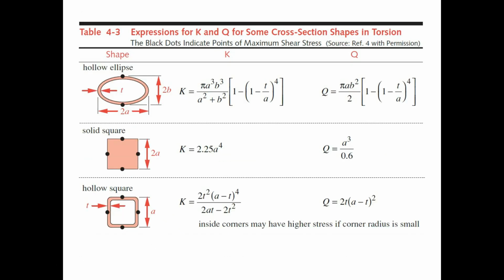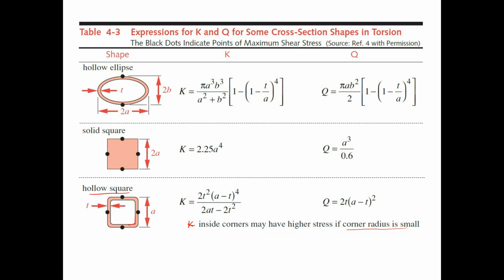The last thing that we want to pay attention to is this note concerning the inside corners of our hollow square and our hollow rectangle on the previous slide. It states that the inside corners may have a higher stress if the radius is very small.